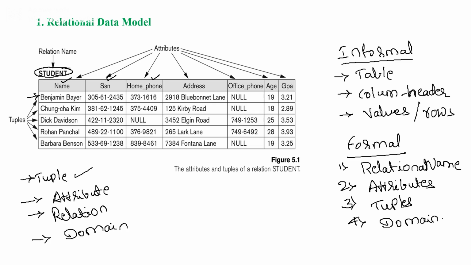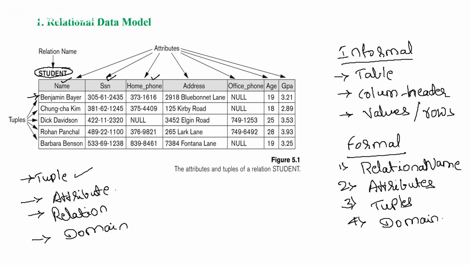Age and GPA are written. However many rows are entered in this relation, those are all tuples. So a particular row in a table is a tuple.